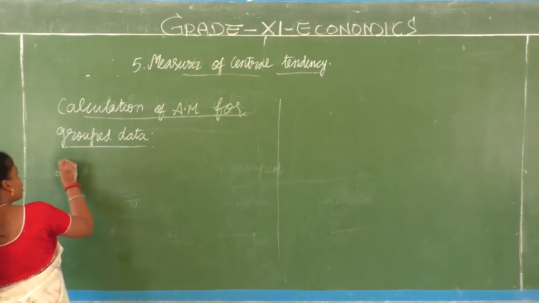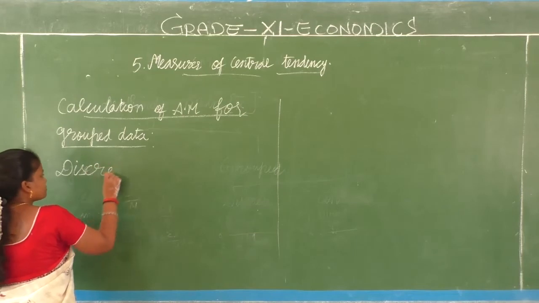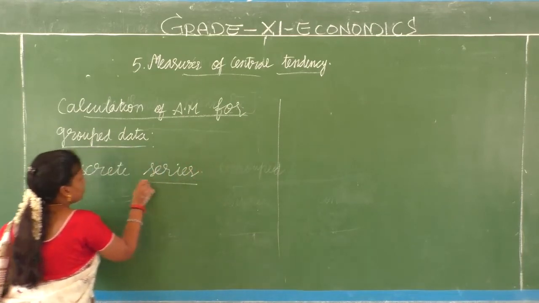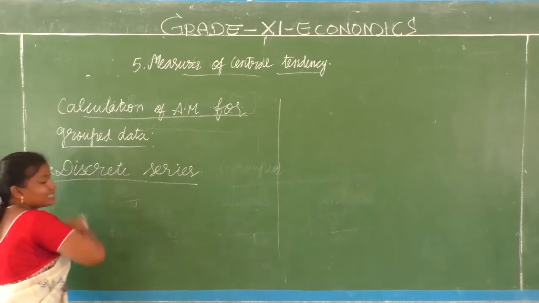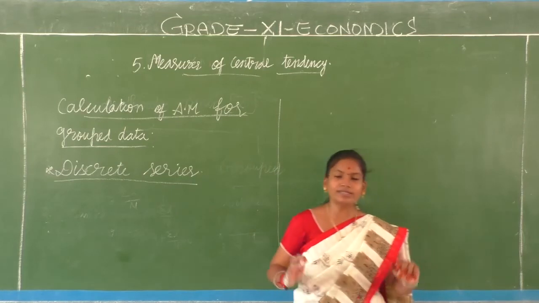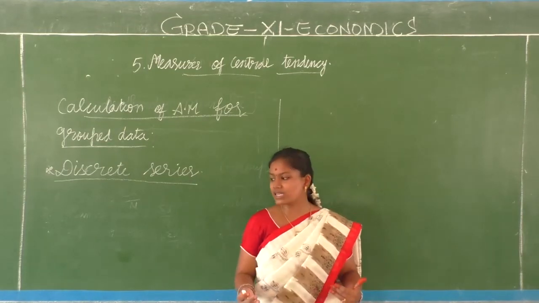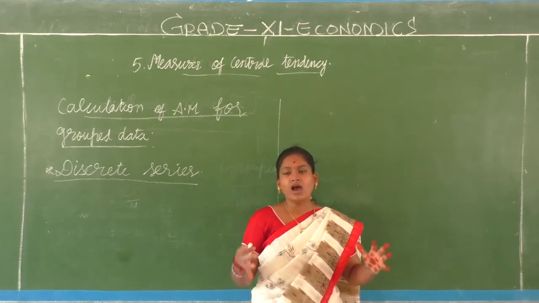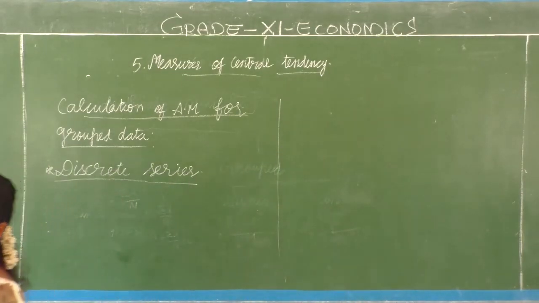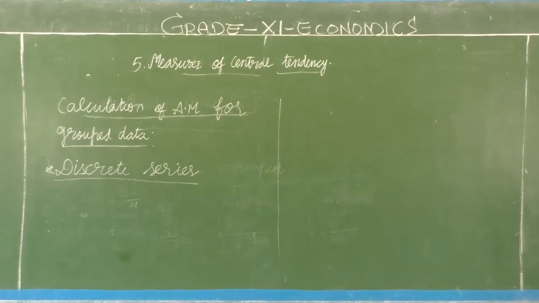First, we are going to talk about discrete series. First, what are we going to do, children? We are going to talk about discrete series. Here, what is the difference between that and this? We are going to have a frequency for each value of the variable. That is what we are going to have here, right, children?